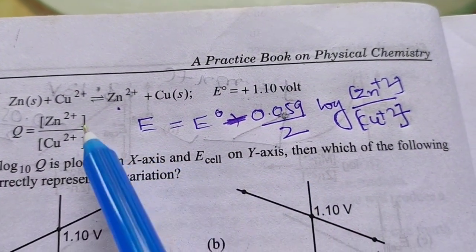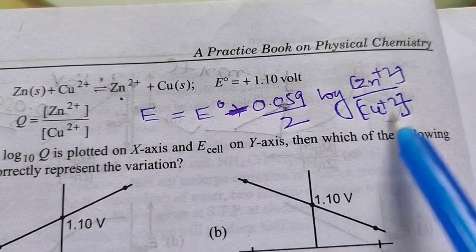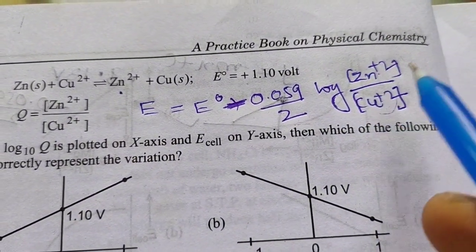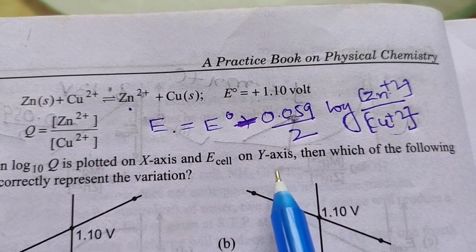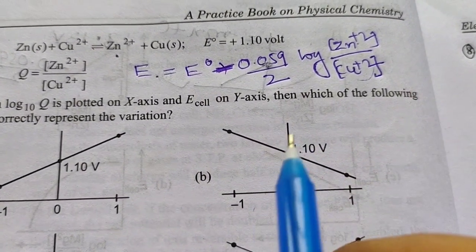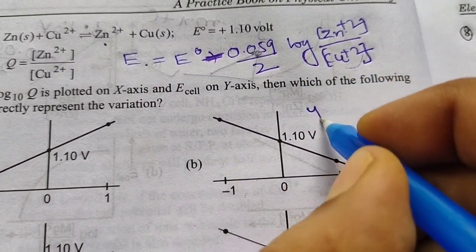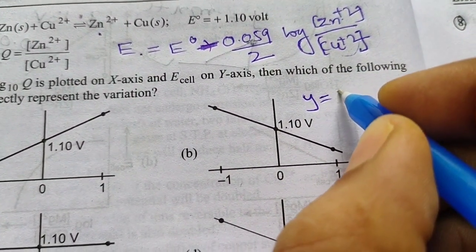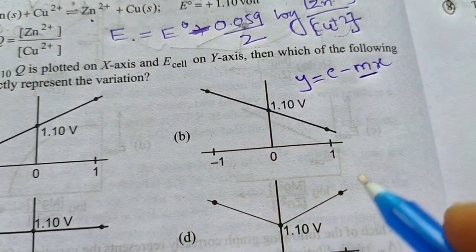The graph is between Q, that is log Q, and E. So E is on the y-axis and log Q is on the x-axis. This formula is related to y equals c minus mx, that is a negative slope and positive intercept.